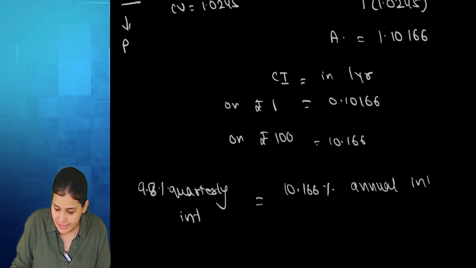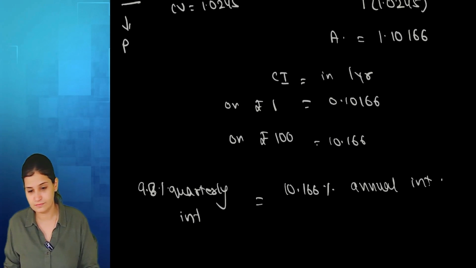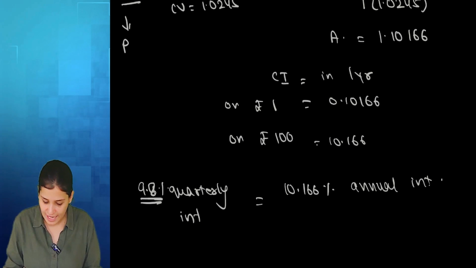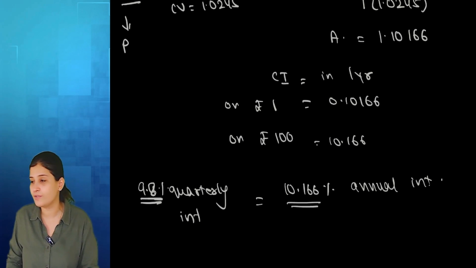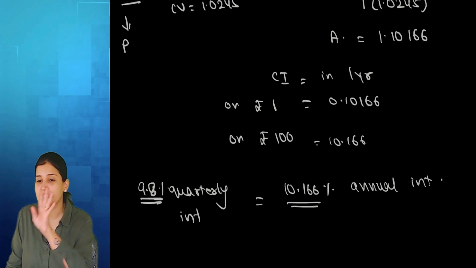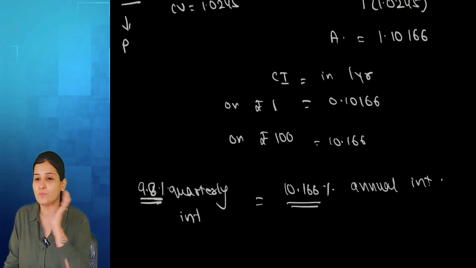Do you all agree? Yes, ma'am. So 9.8% can be redefined as the annual rate of 10.166. It doesn't change the interest amount. The only thing it changes is that rather than 4 times a year, it makes it 1 time.